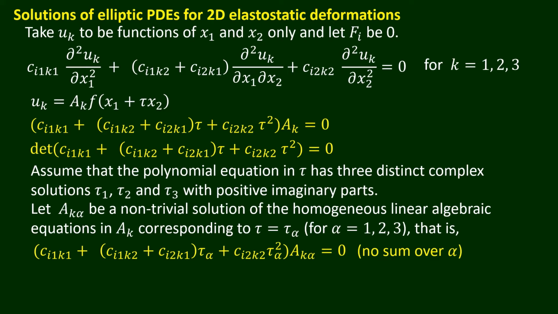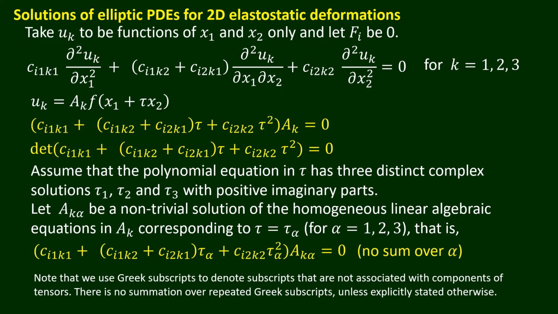No sum over repeated subscript α. Note that we use Greek subscripts to denote subscripts that are not associated with components of tensors. There is no summation over repeated Greek subscripts, unless explicitly stated otherwise.